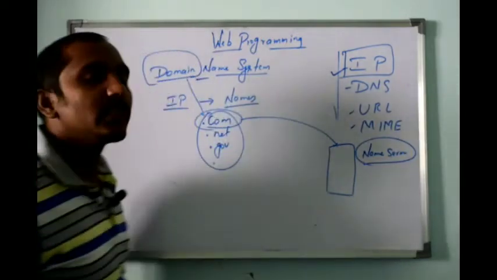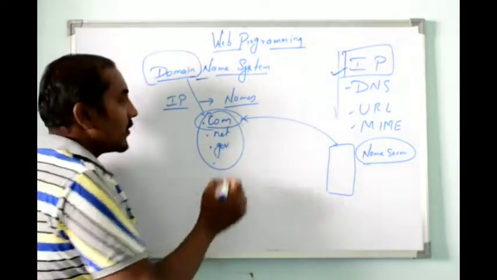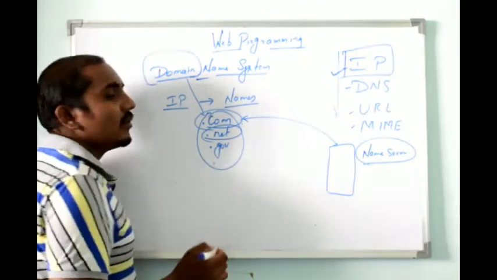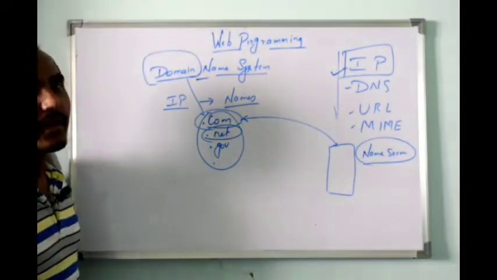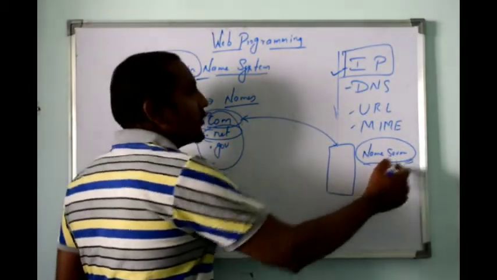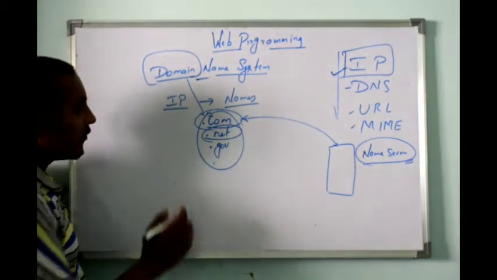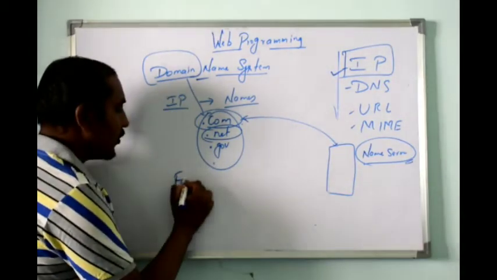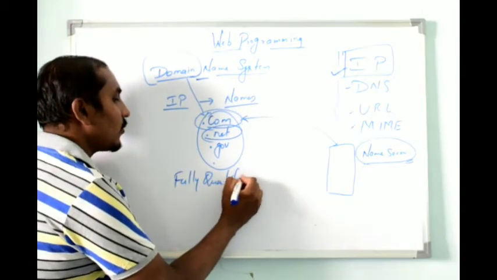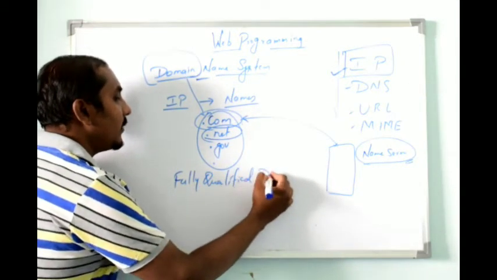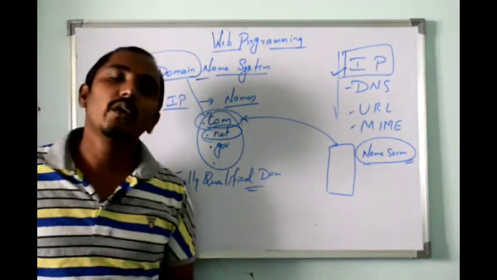Okay, so name servers will have the list of domains that belong to .com. Similarly, we'll have .net related names also available on the internet in the form of name servers. Okay, so that is nothing but whenever I consider something called a fully qualified domain name.